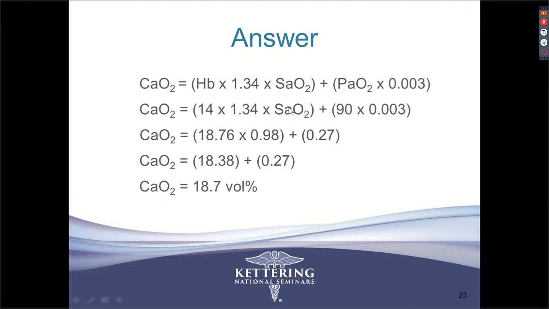The saturation goes here, the PaO2 goes here, and when you do the math, you come up with this piece right here. The 18.76 is what 14 times 1.34 is. Then the saturation is 0.98, and then adding 0.27, which is what 90 times 0.003 is. So you run the math there and you come up with the answer of 18.7.